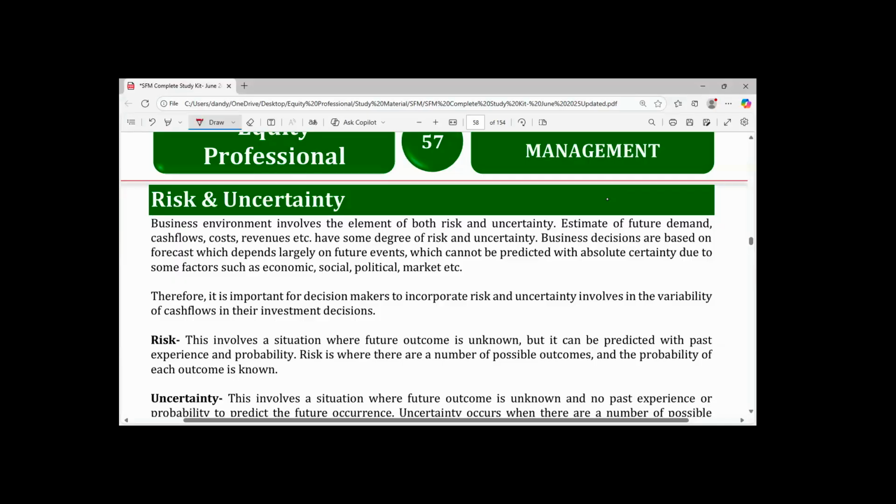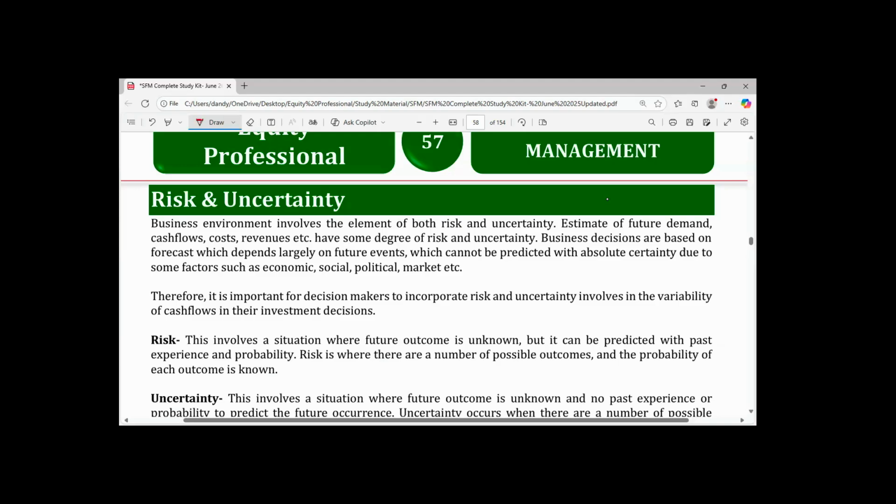Risk and uncertainty. One thing you need to understand is that every business, or even individual, will take some level of risk, and even the future has some element of risk.